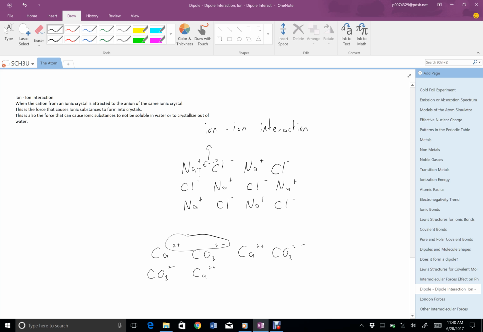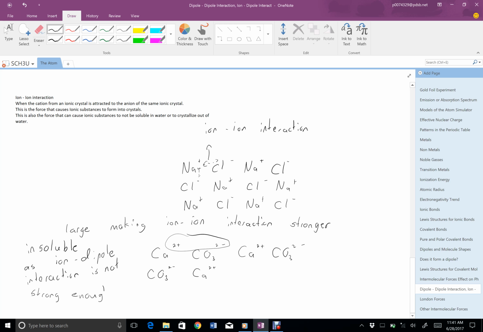See, these charges are large, making the ion-ion interaction stronger, and so this is insoluble as the ion-dipole interaction is not strong enough to overcome the ion-ion interaction.